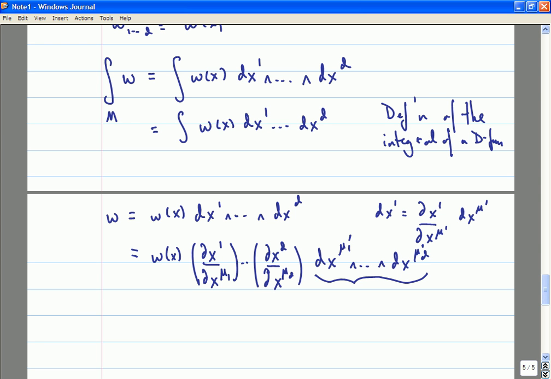And moreover, it's completely antisymmetric in the indices mu1 prime up to mu d prime. And what is this guy? This is the product of d elements of the Jacobian matrix dx mu by dx mu prime.